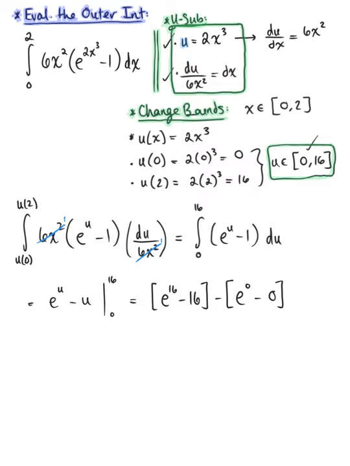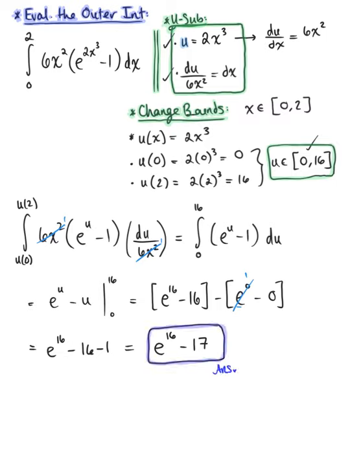And again, we know that anything raised to the 0 goes to 1. So we have the natural exponential raised to the 16 minus 16 minus 1, for a beautiful final answer of the natural exponential raised to the 16 minus 17.